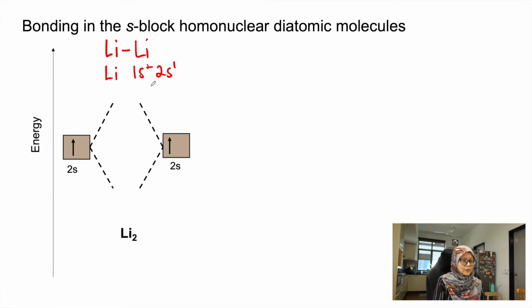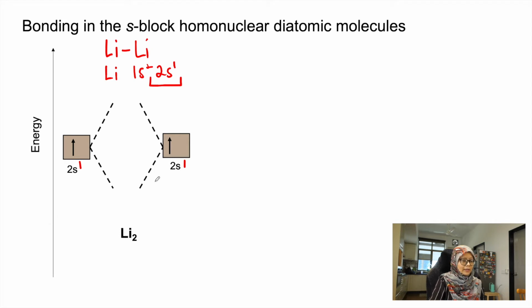The valence electron is located at 2s1, so you only need to show the valence electron here. We have one orbital of 2s1 and another 2s1 because we have Li2.